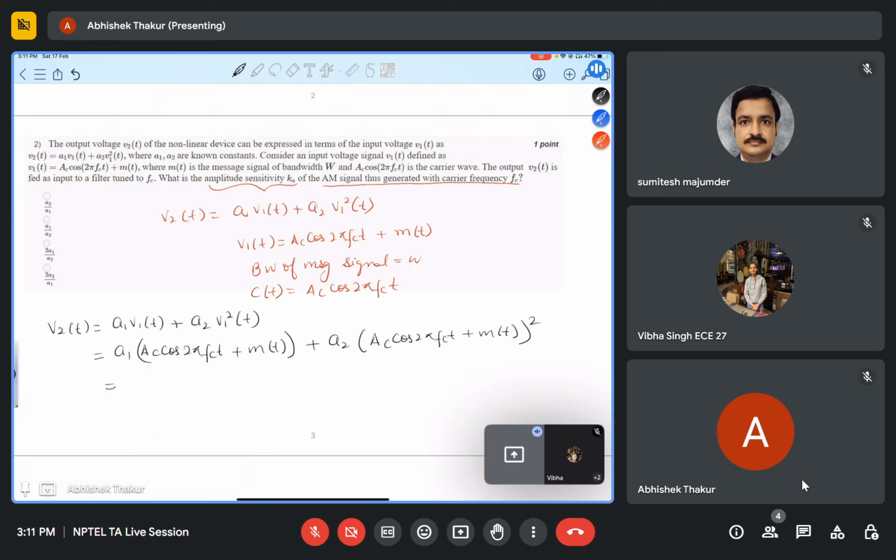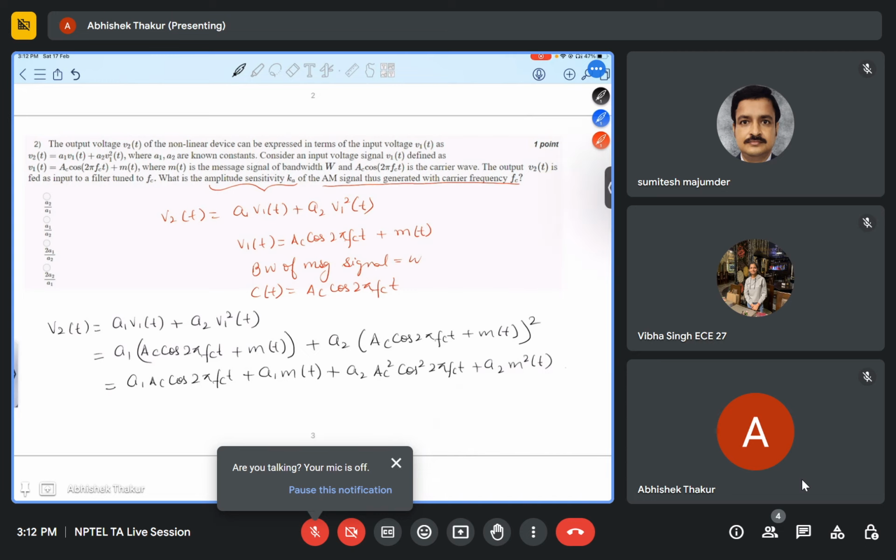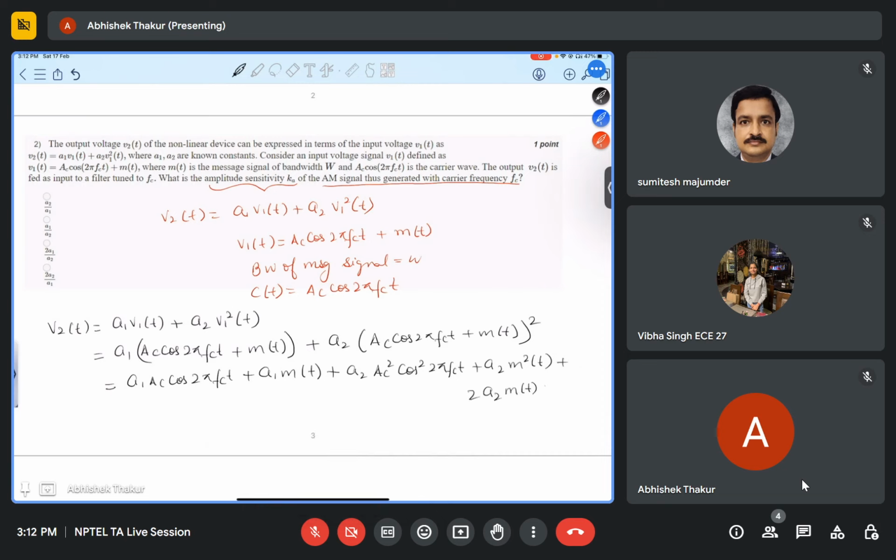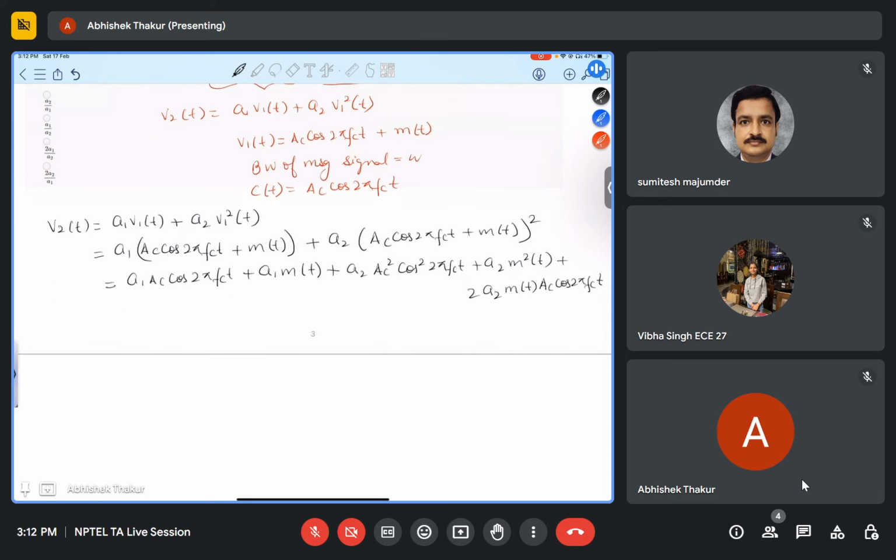So this can be written as a1 Ac cos 2πfct plus a1 m(t) plus a2 Ac squared cos squared 2πfct plus a2 m squared(t), and then plus 2a2 m(t) Ac cos 2πfct. So this is the complete equation.